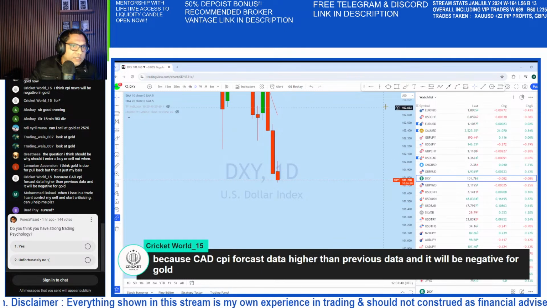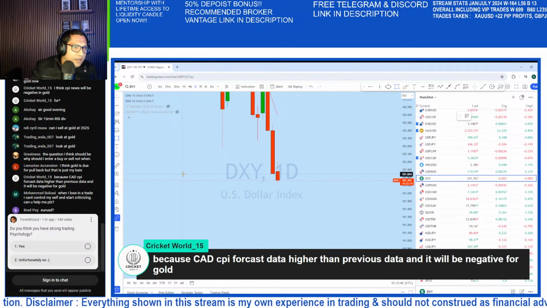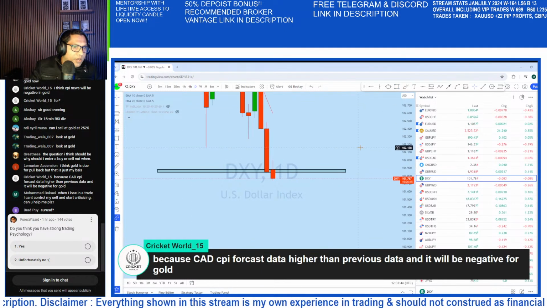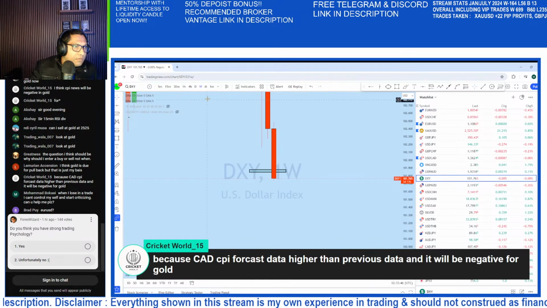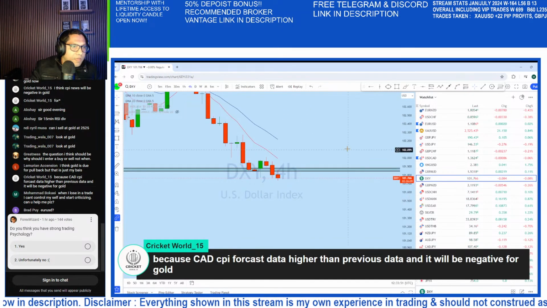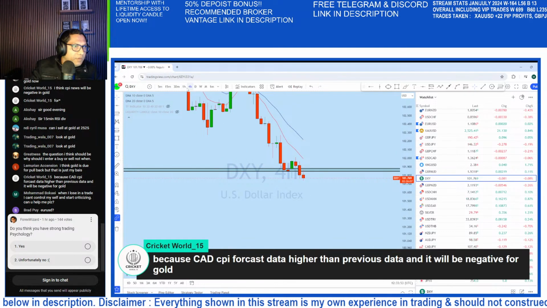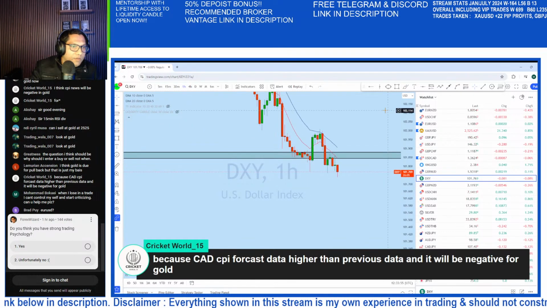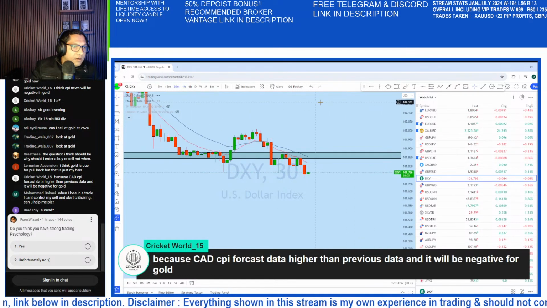You can see this is the daily chart on DXY. There's a gap opening, on the weekly, 4-hour, and from the 1 hour and lower time frame, 30 minutes.